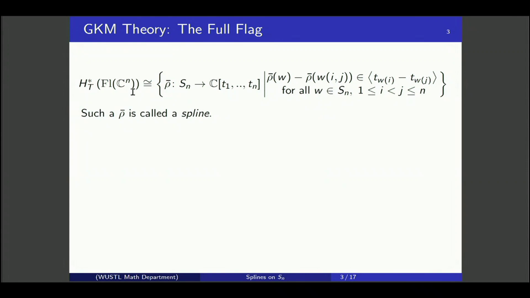If I have an element w and I right multiply it by a transposition ij, so I'm switching positions, then the difference has to be divisible by t_wi minus t_wj, which is the corresponding left multiplication. And that has to happen for every element of the symmetric group and every transposition for the full flag. And I'm going to call such an assignment a spline.